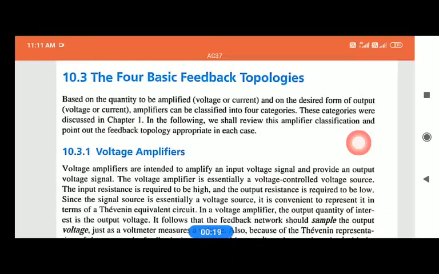The four basic feedback topologies we are going to study are the voltage amplifier, current amplifier, transconductance amplifier, and transresistance amplifier.